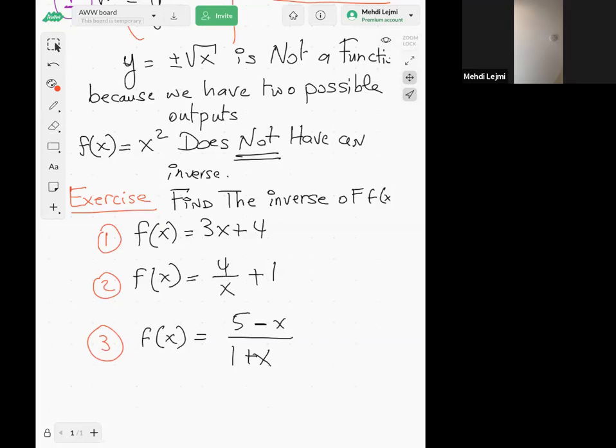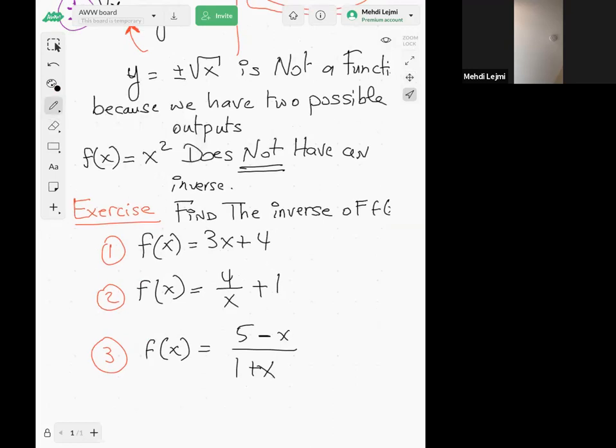So the idea is, we want to move the y to the top, right? What we can do is flip both fractions.